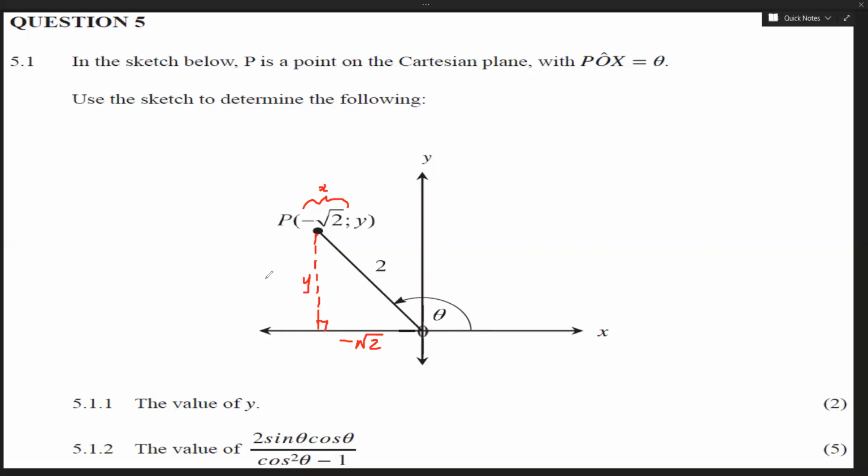Perfect. And then since I have a right-angled triangle, I can easily get the value of y. So y will be equal to plus or minus the square root of, you always start with the hypotenuse if you're looking for one of the short sides. So it's going to be 2 squared because our hypotenuse is 2.